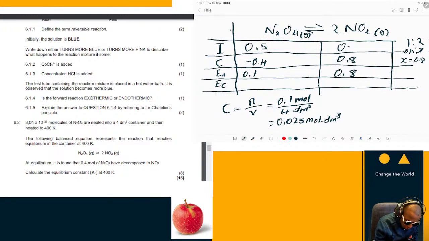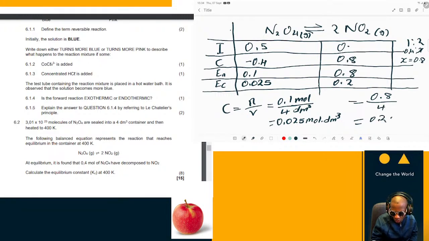Then we write it there, 0.025. Then for this one, 0.8 divided by 4 gives 0.2 mole per dm cubed.